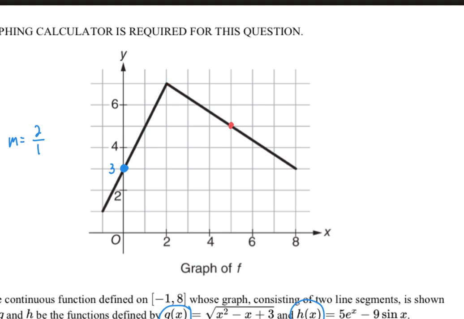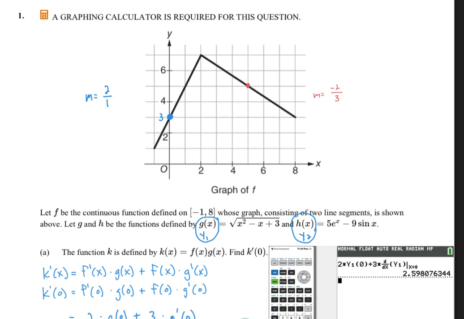You can see it goes down, between maybe these two points at 8 and 4. So from this point, it'll go down 2 and right 3. So if we just do rise over run, down 2 and right 3, that's negative 2/3. That will be the slope.